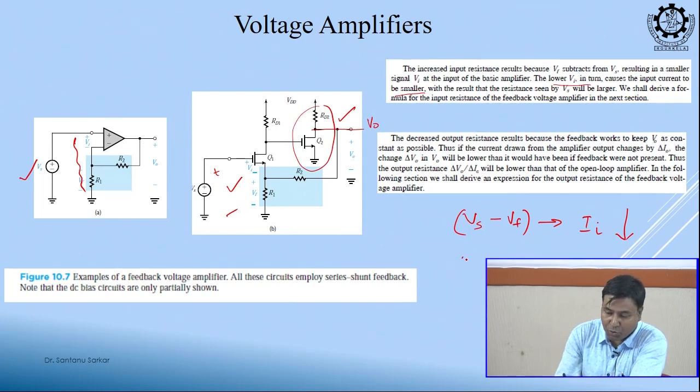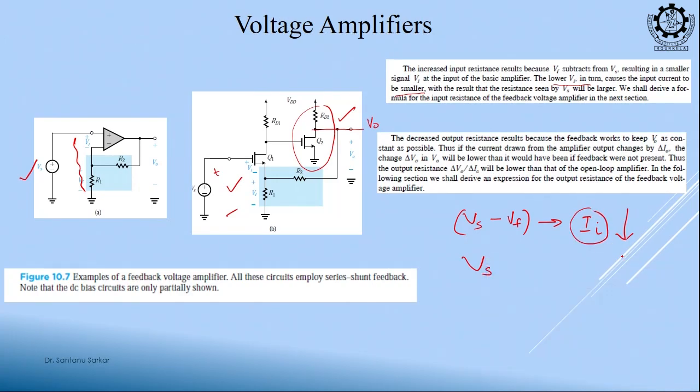Vs is my source, the original source, and this is in between, this is happening, right. Okay. So, because of this Vs minus Vf, my Ii is getting reduced and my Vs by Ii, if Ii is reduced, this term will be increased, clear. My source voltage remains unchanged, Vs, but internally I am doing Vs minus Vf.